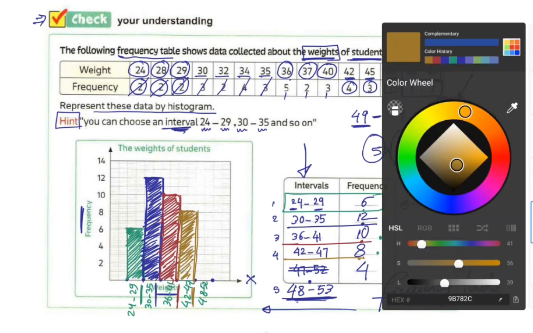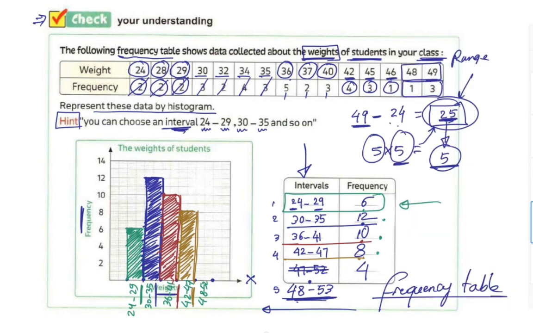Last one, we have the interval from 48 to 52, and its frequency is 4. Where is 4? Here. Close the rectangle and hatch. Now we finish drawing the histogram.